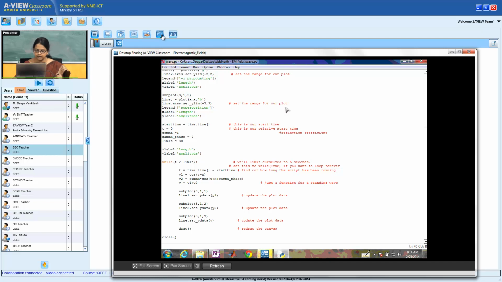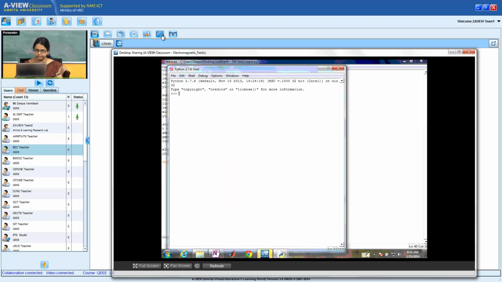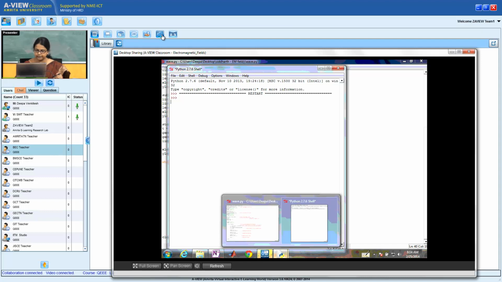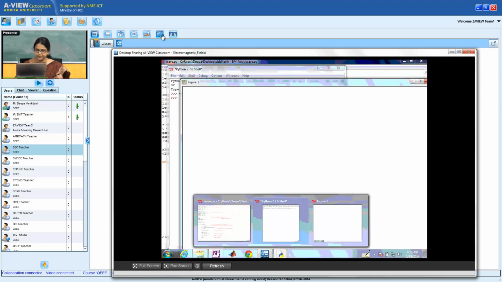Let's try once again. If it doesn't work, I'll send you this code. You please run it on your computers and you can see for yourself how the standing wave is evolving. All right.